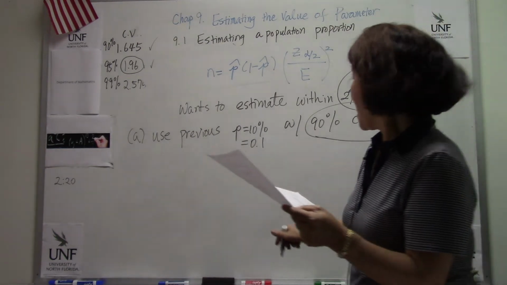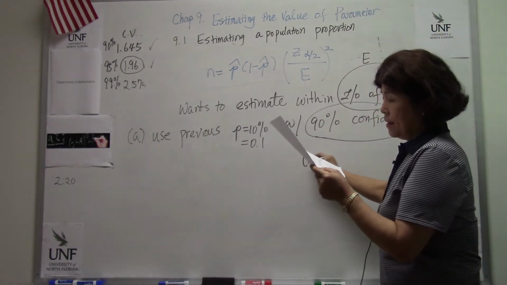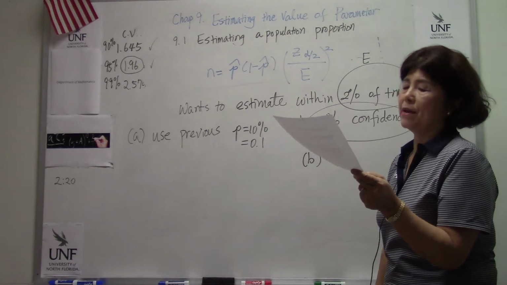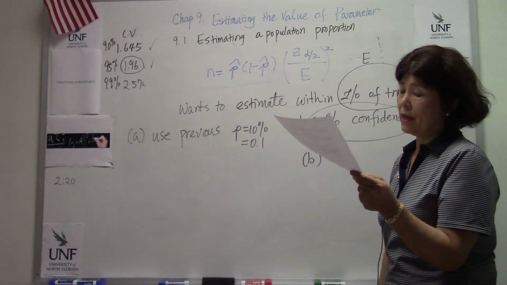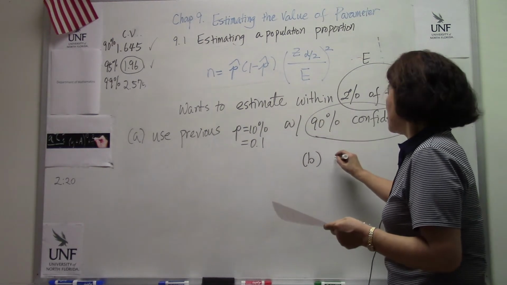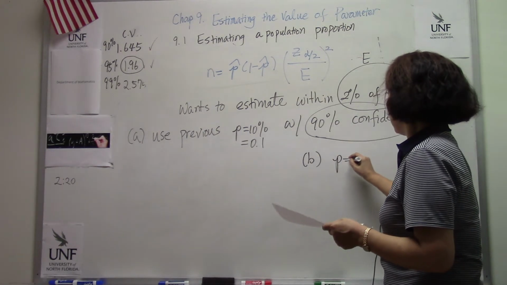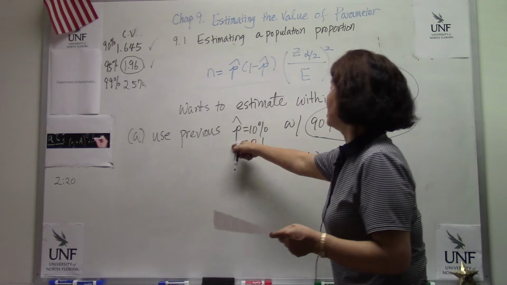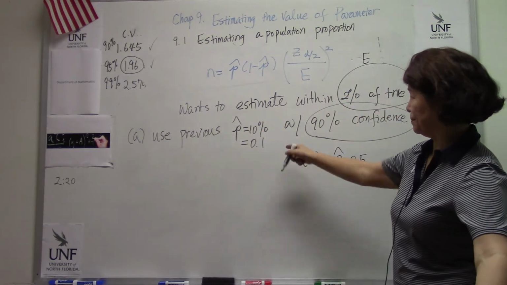Okay? And B is the economist does not use any prior estimate. So that means what? He is going to use p equals 0.5. P hat is for the previous result. Okay.